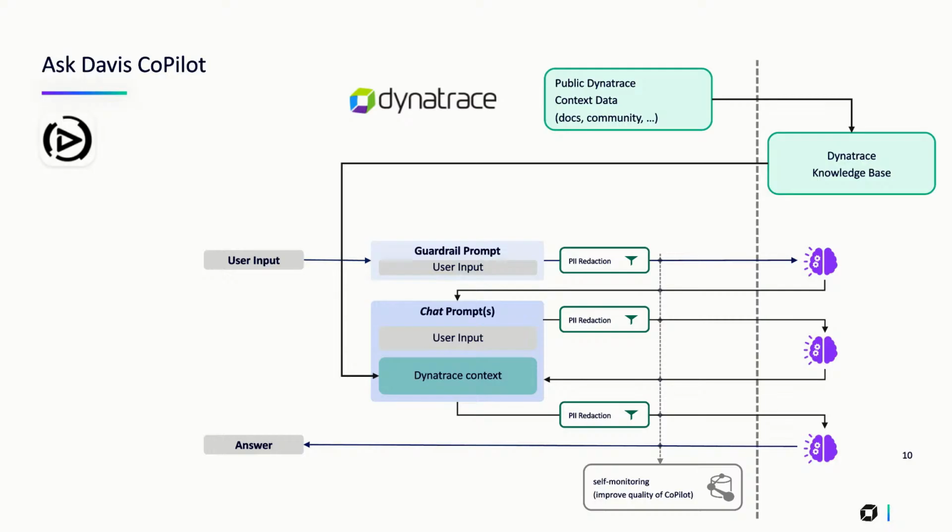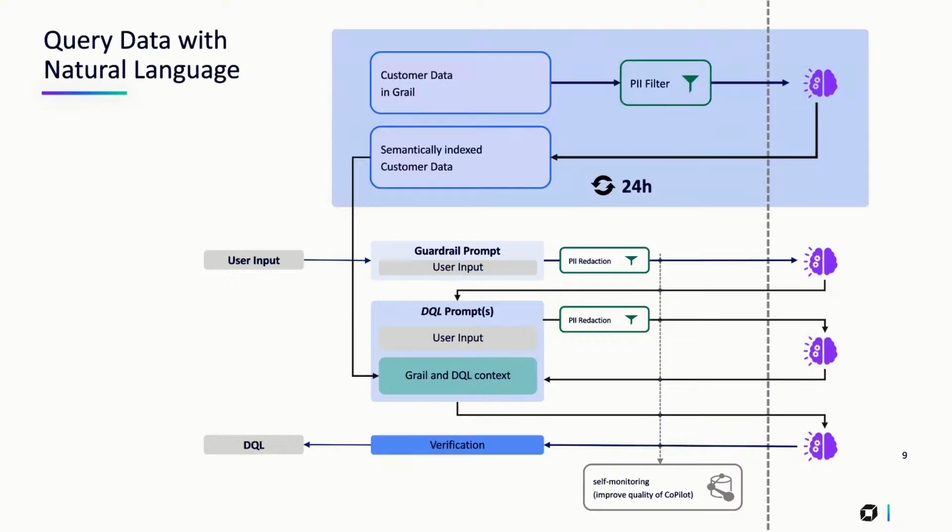If that guardrail is passed, then we will have one or more iterations to come up with a proper context pulled out of the semantically indexed customer data, the dynamic one and the static one. A proper prompt is formed. The user input combined with this Grail and DQL context is sent to the LLM in a PII reduced manner one or two times in order to make the answer more precise.